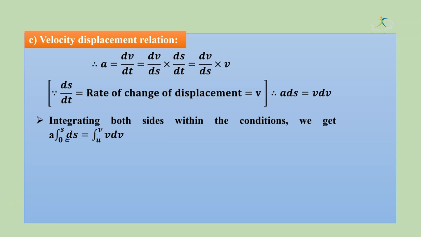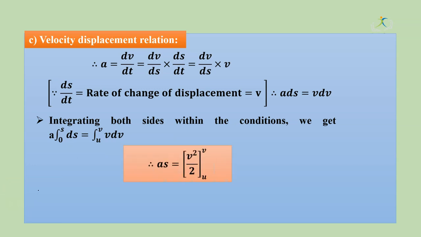The terms which come with this d are variables, we can't take them out of the integration sign. As you can see, v is related with dv, so v is a variable, and here s is a variable, but a is not related with s, so we are taking it as a constant. Hope you are clear, students. If there is any doubt, you can ask in the chat or comment section also.